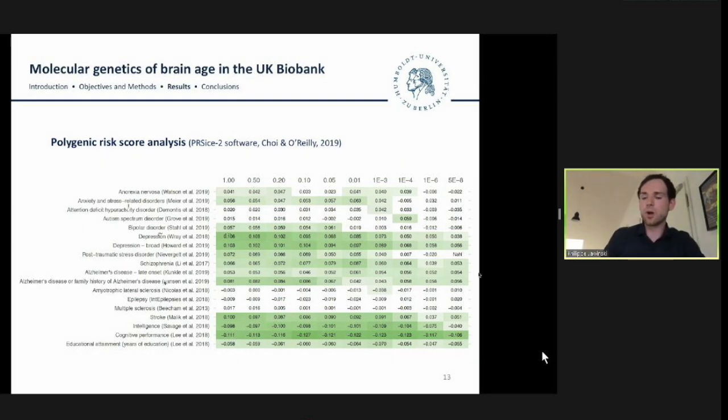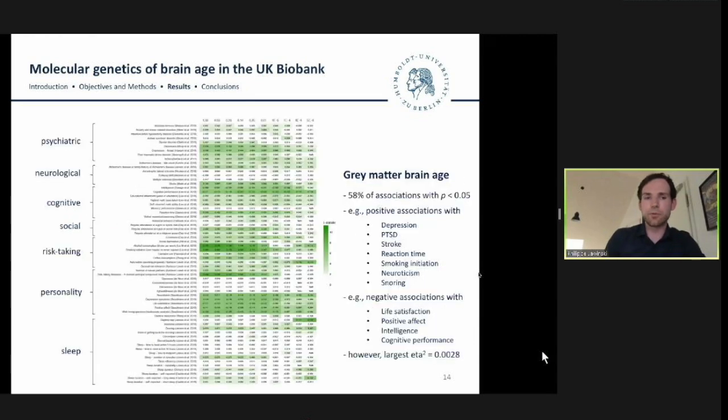And now we did this polygenic risk score analysis for 63 traits of different domains, such as psychiatric traits, but also risk-taking behavior or personality traits. And all of the colored fields here show nominally significant results. Overall, we found that 58 of the tested associations were nominally significant, which is higher than expected by chance.